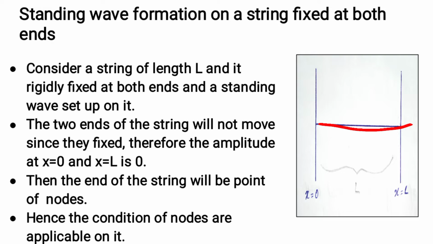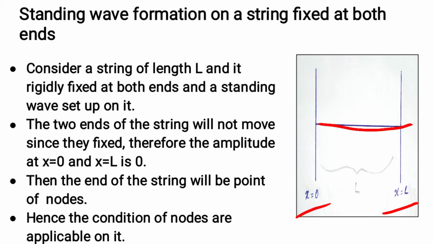One end is x = 0 and the other is x = L. Therefore, the amplitude at x = 0 and x = L is 0. Then the ends of the string will be nodes because the points experience minimum displacement. Hence, the condition of nodes is applicable here.